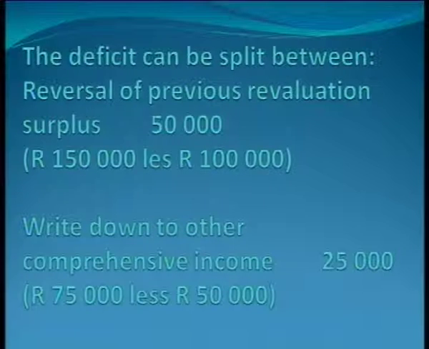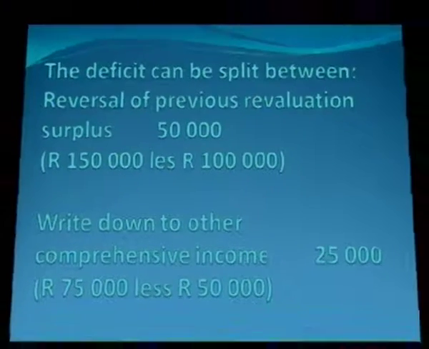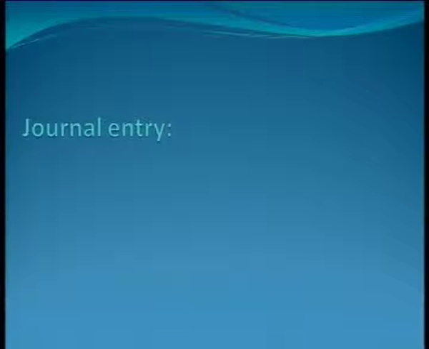The deficit can be split between reversal of previous revaluation surplus, the 50,000, which is 150,000 less 100,000. The write-down to other comprehensive income is 25,000, your 75,000 less your revaluation surplus of 50,000. That's what you write down to the income statement. Let's look at the journal entry, how it will be.